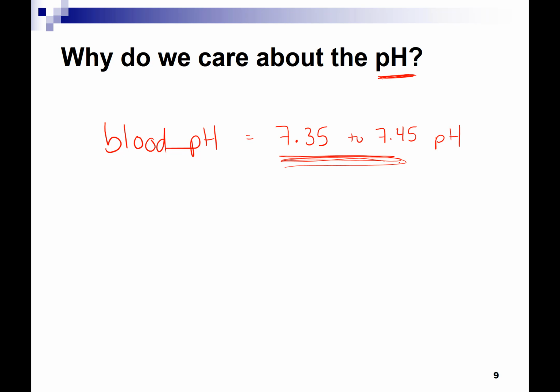So our bodies have to maintain this blood pH so that our proteins don't stop working. So we have something called buffers. And buffers help minimize pH changes.